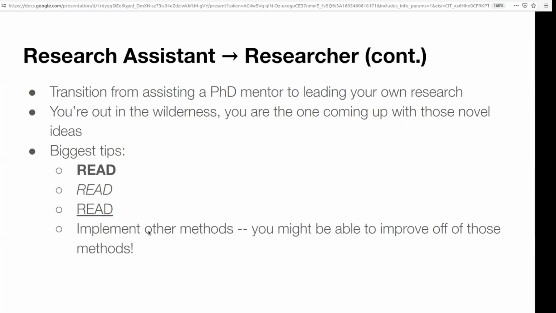So one of my PhD mentors, actually, he was reading papers, but he was still kind of lost. So his advisor told him, oh, Caleb, you should implement their method and see what shakes loose. So he implemented this other method, and he noticed that as he was implementing it, there were a fair amount of problems with it.